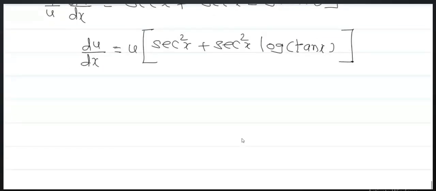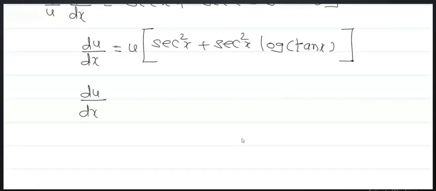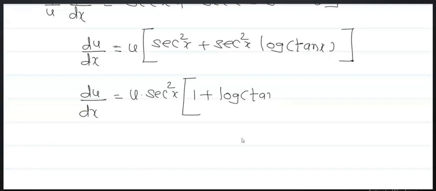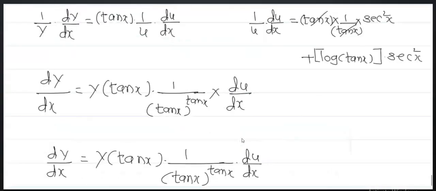This is the du by dx. Therefore du by dx is equals to u into sec square x in bracket 1 plus log of tan x.